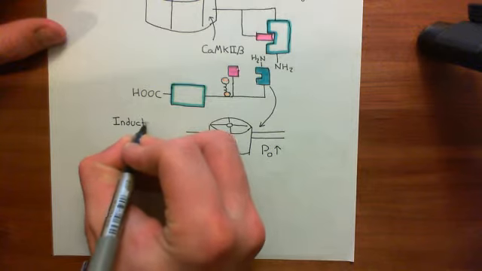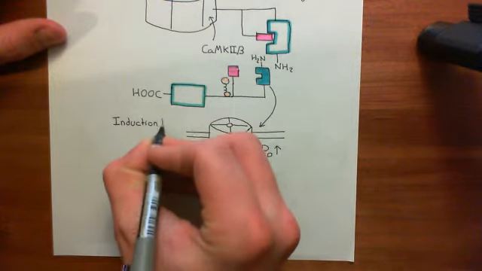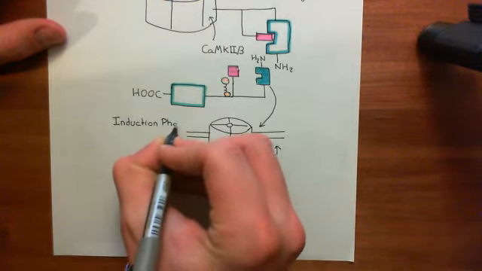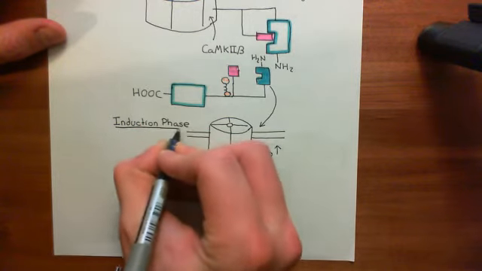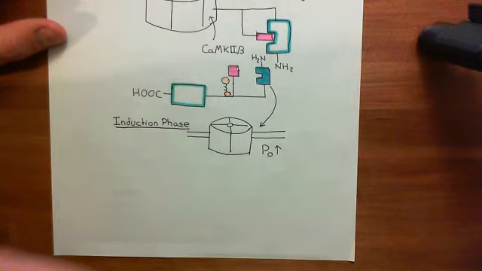Okay, it's kind of the short-term change that you make postsynaptically to trigger long-term potentiation. You phosphorylate the AMPA receptors via CaM kinase 2 enzymes, and that increases the open probability of the AMPA receptors.